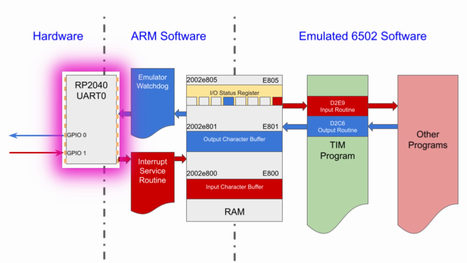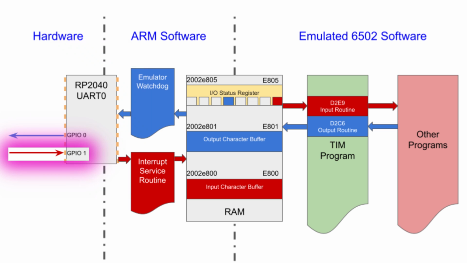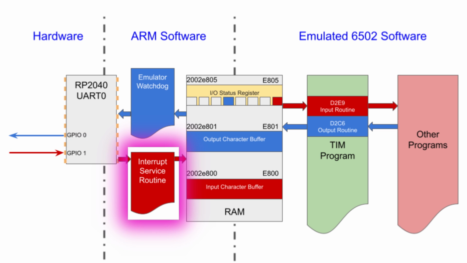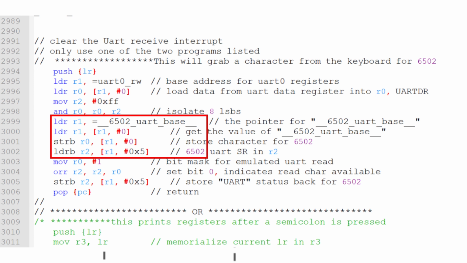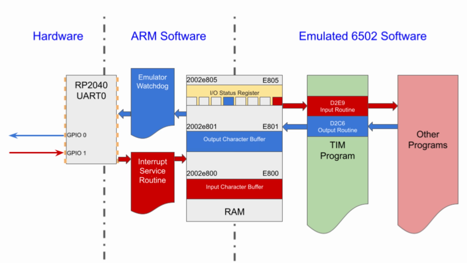The trick is how to get the data from the outside terminal into the 6502 emulator. When data is received by UART0, it throws an interrupt which calls this interrupt service routine. Data is read from the UART0 data register. Then the upper 24 bits are discarded and the 8-bit character is placed in the 6502 UART received data register, which is at E800 hex.